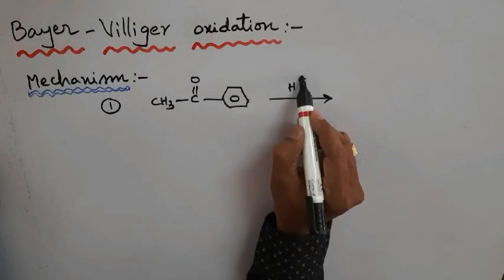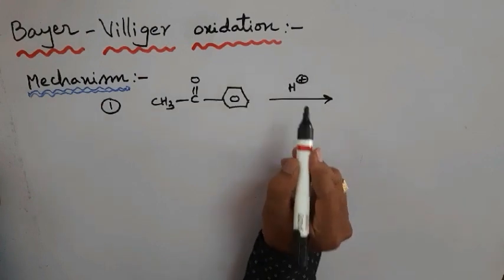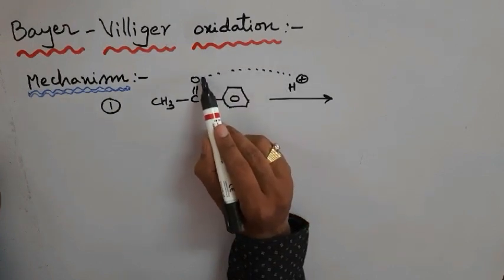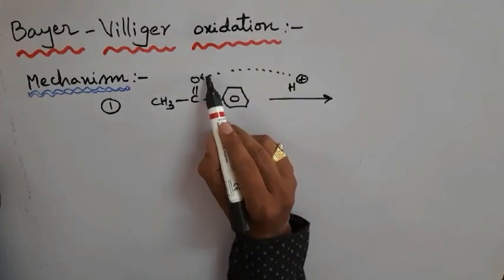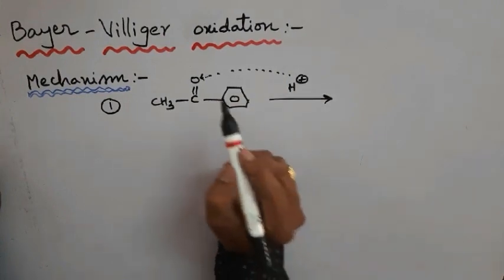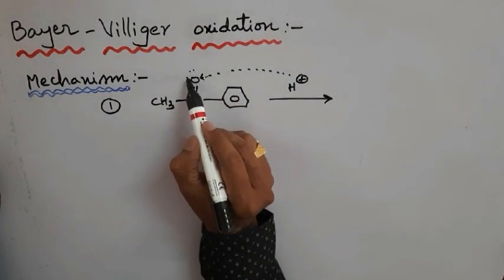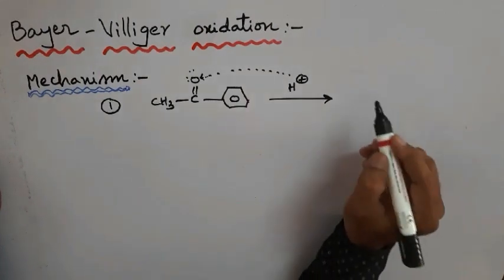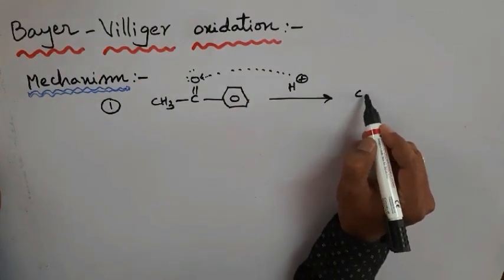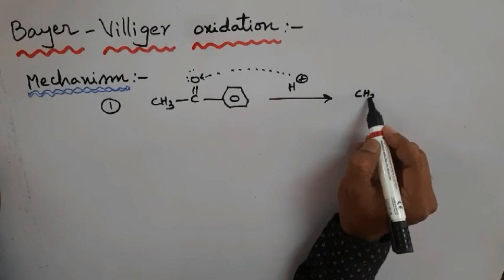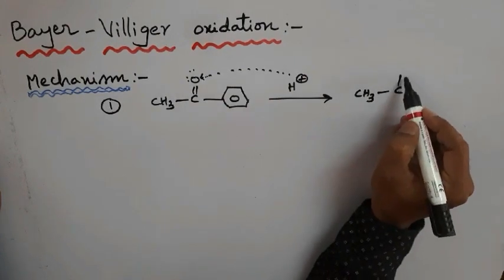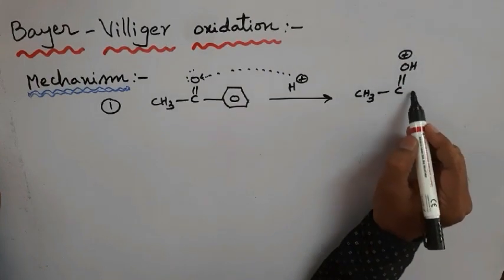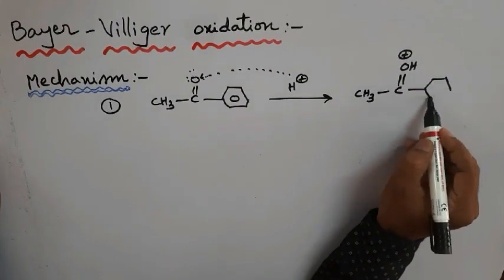This acid gives us a proton, and this proton attacks the carbonyl oxygen because of the two lone pairs available on oxygen. As a result, we get a protonated carbonyl compound like this: double bond OH with a positive charge on oxygen, because it has donated its lone pair to the proton.